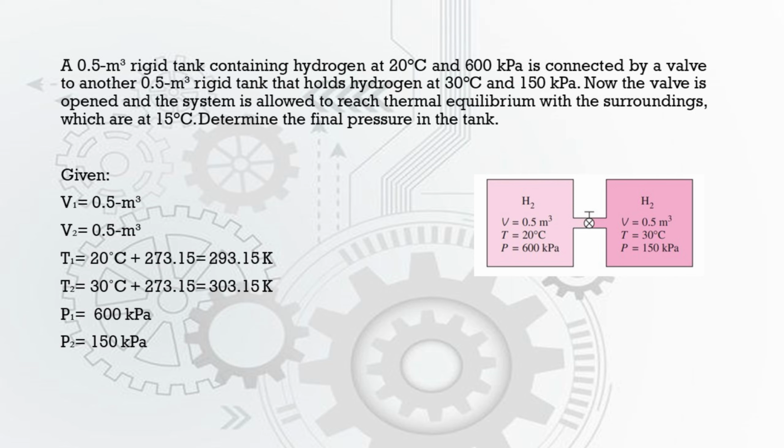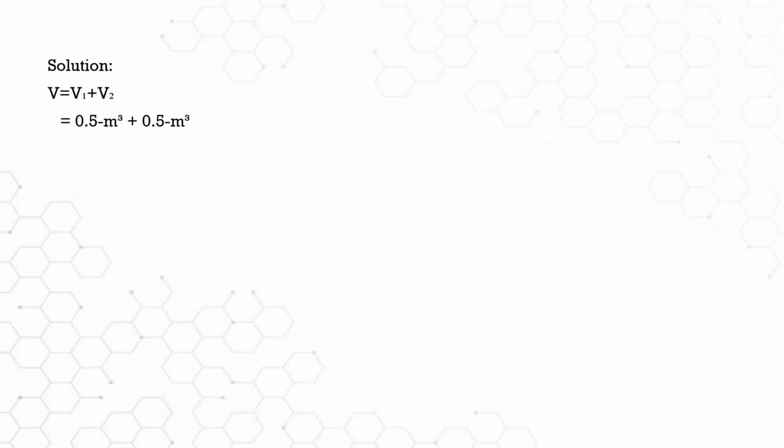By treating our hydrogen as an ideal gas, we are going to solve for the total volume and the total mass. First, the total volume is equal to the volume of tank 1 added to the volume of tank 2. We have 0.5 cubic meter plus 0.5 cubic meter, which is equal to 1.0 cubic meter.